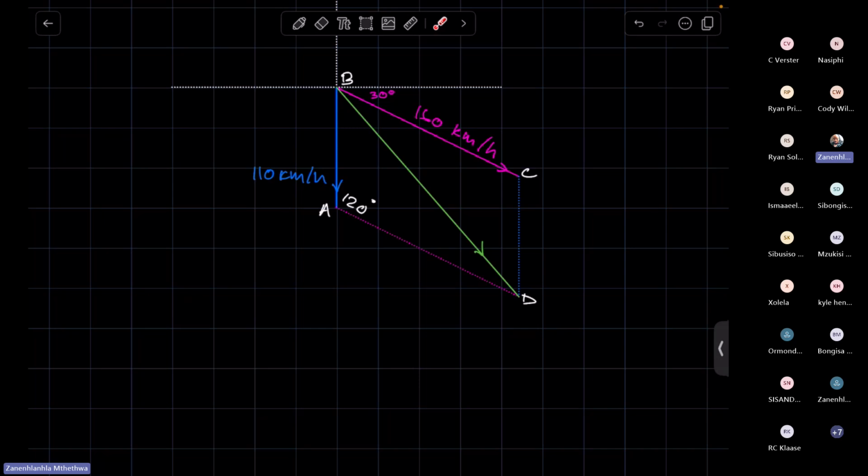So if the angle you have on your parallelogram is an included angle, then we make use of the cosine rule. But if the angle that you have is not an included angle, then you make use of the sine rule.